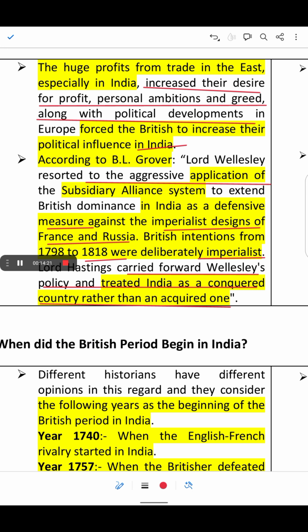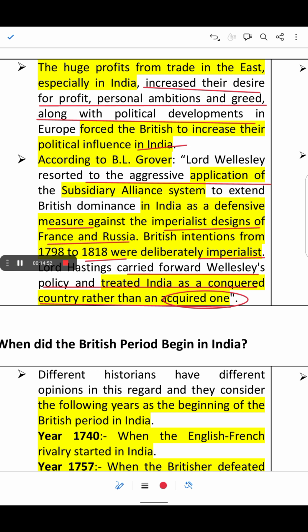Later, Lord Hastings would also follow Wellesley's policy and treated India as a conquered country rather than an acquired one. And thus India's resources would be used to serve the British interest. Okay, so India was considered by Hastings as a conquered country and not an acquired one.